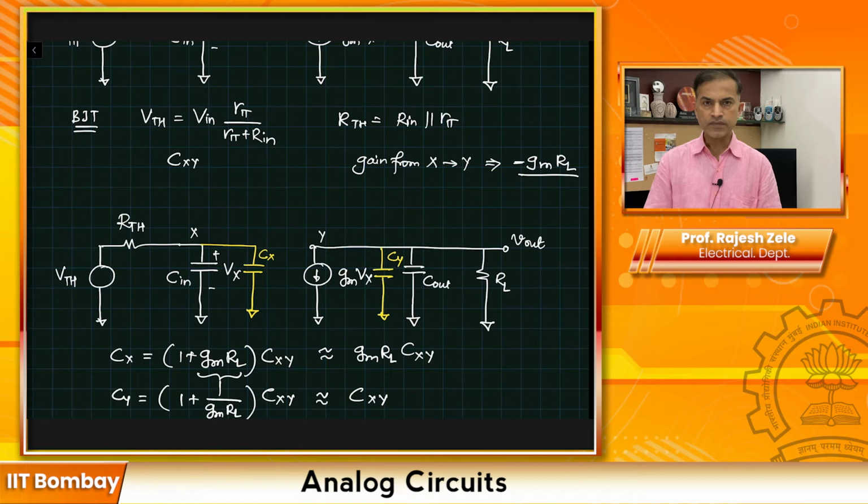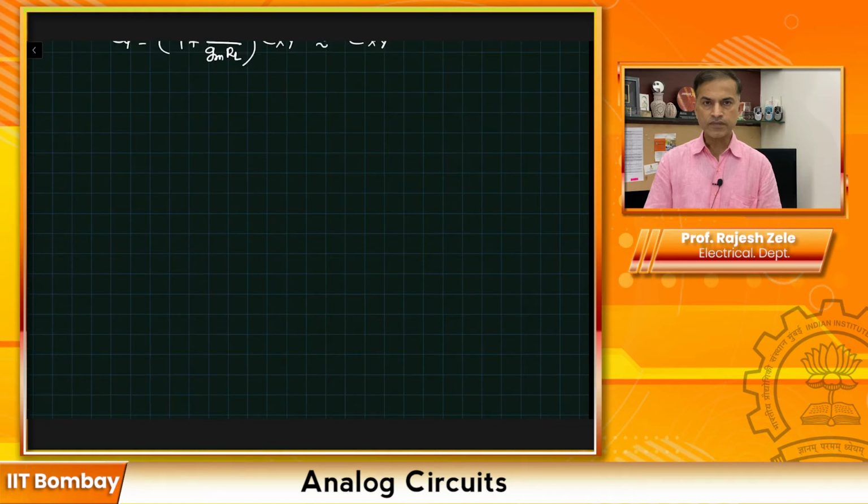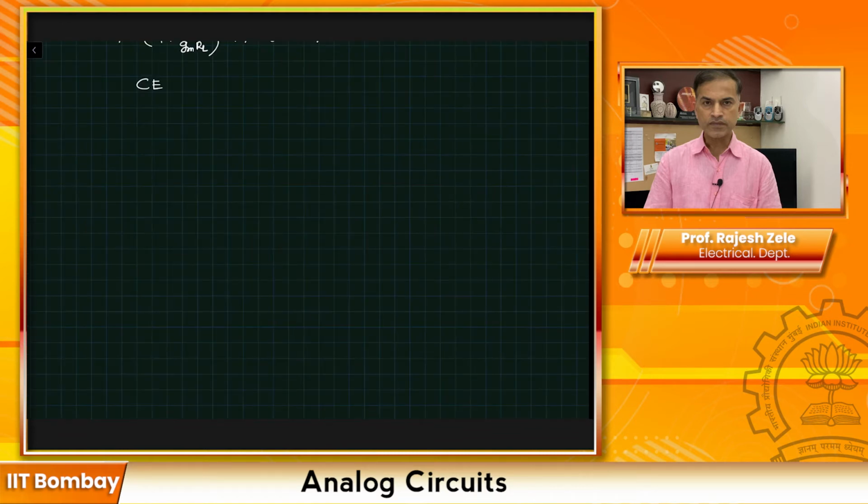Now we can do a comparison between the common emitter stage and the common source stage, and then we will have a unified response for both cases. So the Thevenin equivalent VTH in the case of common emitter is V in times R pi divided by R pi plus R in.